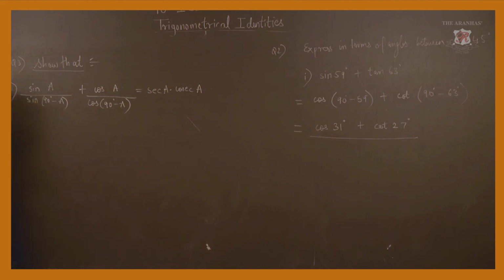Now to get sec A and cosec A, we need sin A and cos A in the reciprocal form.